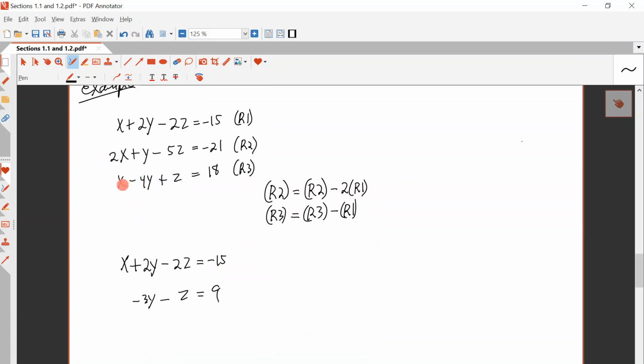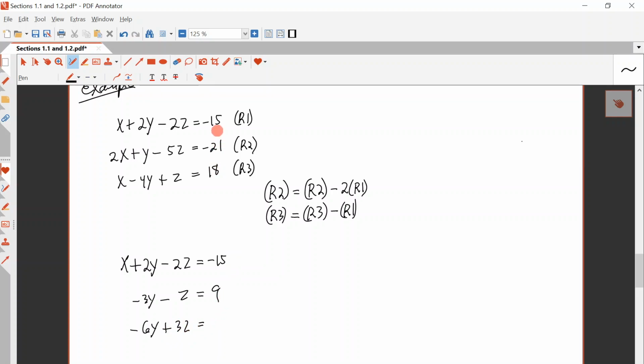Row 3 is going to be x minus x, 0. Minus 4y minus 2y is minus 6y. And then z plus 2z is going to be equal to 3z.